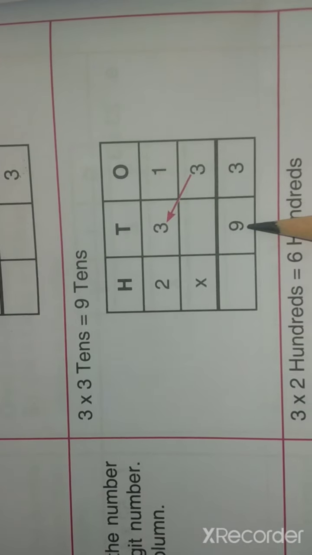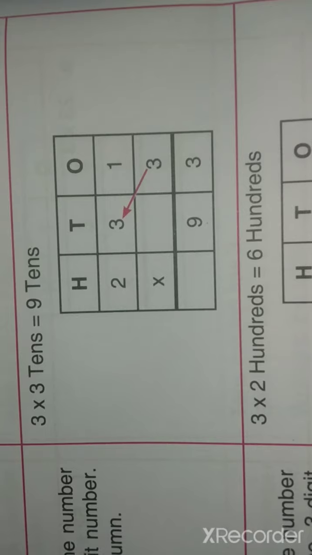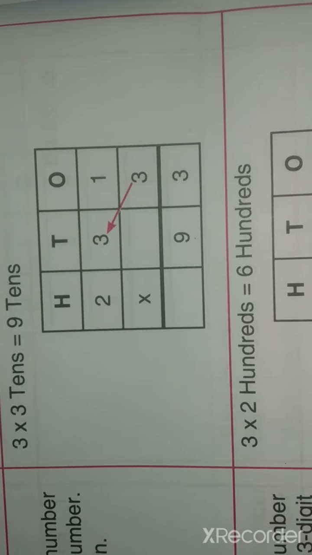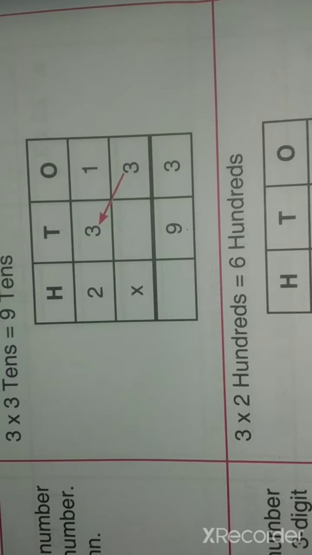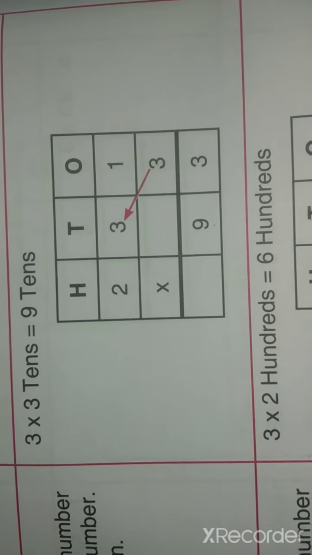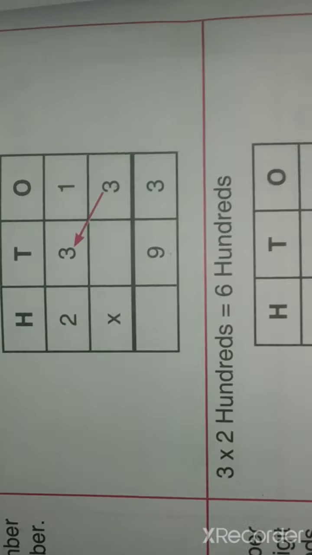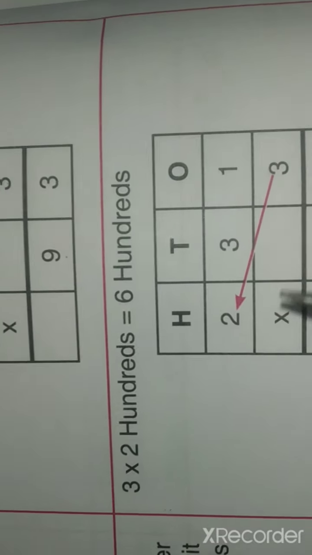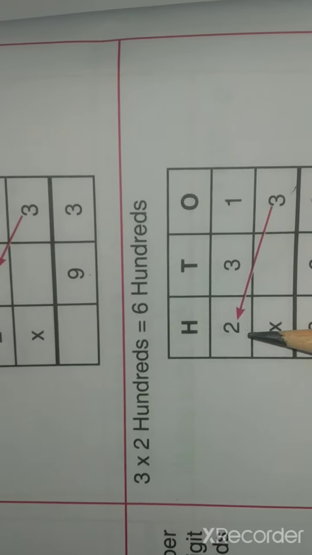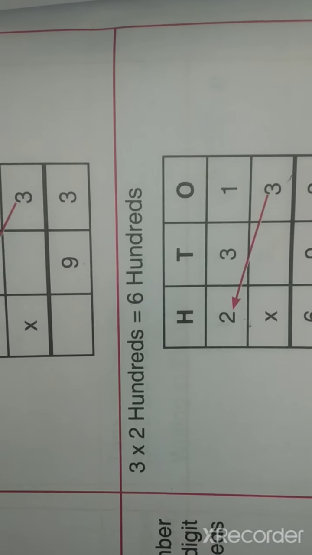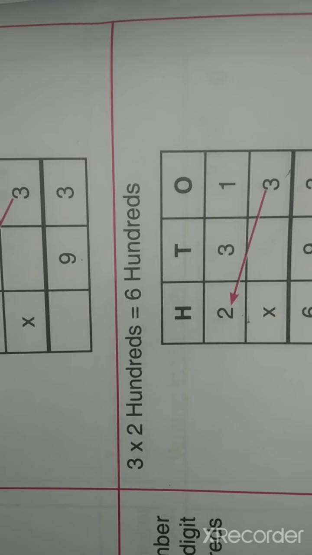So what do we have to write here? 3 3s are 9. After that we have to multiply the 1-digit number by the number in the 100s place. Now the tens place and ones place are completed, so we have to start the 100s place. So 3 2s are 6. So what do we have to write here? 3 2s are 6.